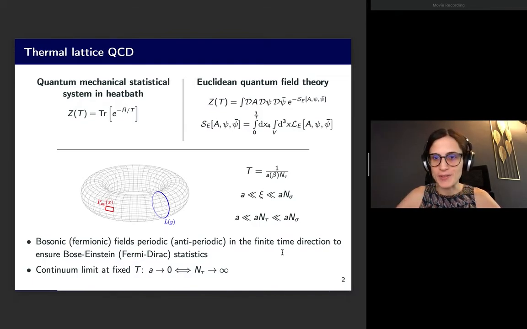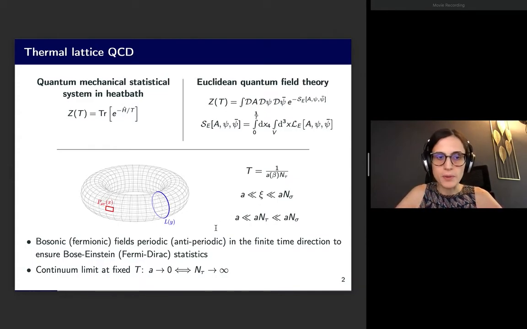But let's focus on isotropic lattices now. Then your simulations will be run on lattices which have distinct sizes for the temporal side and for the spatial side, and you want this chain of inequalities to be fulfilled.